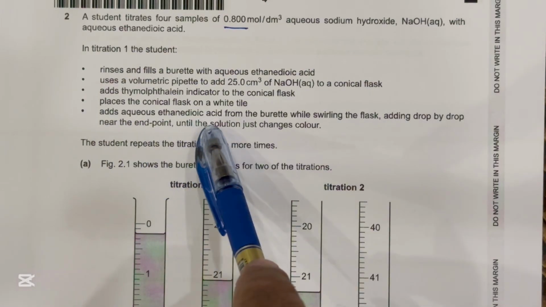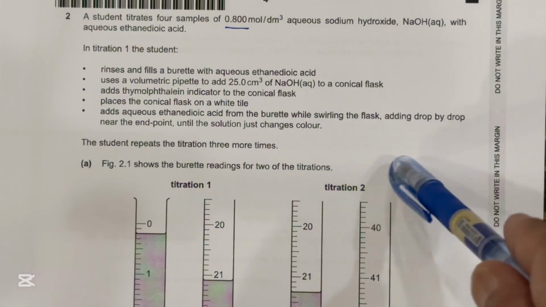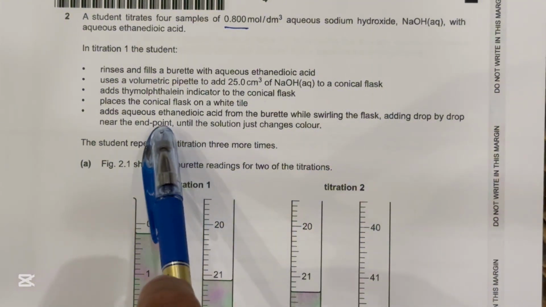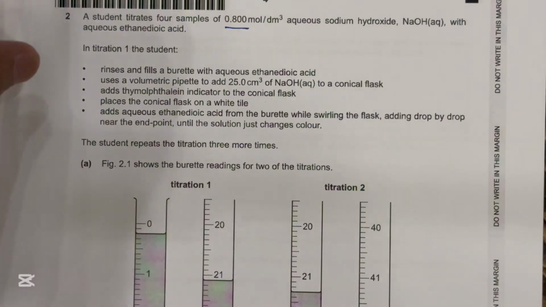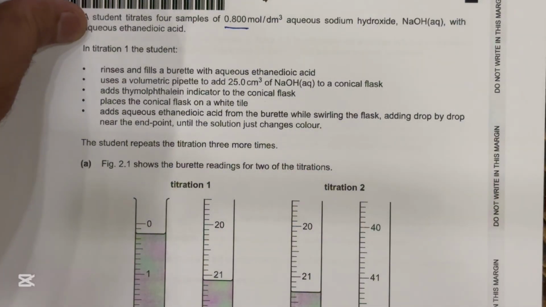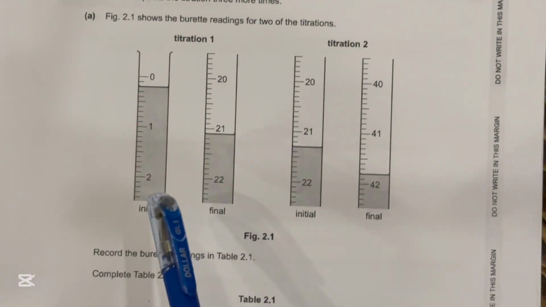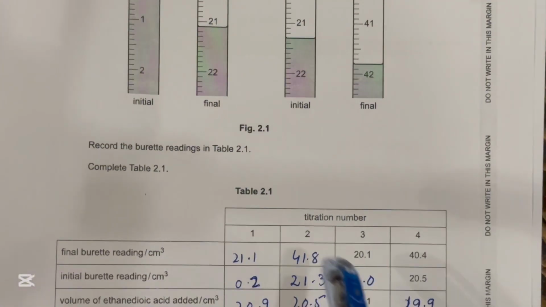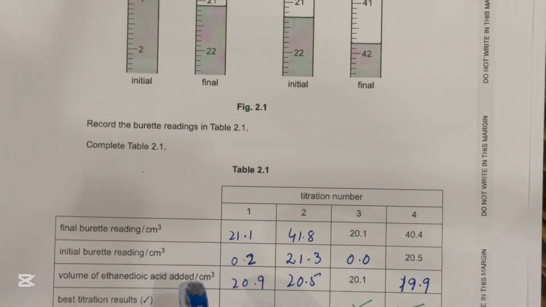Add aqueous ethanedioic acid from the burette while swirling the flask, adding drop by drop near the endpoint until the solution color changes. The student repeats the titration 3 times. Figure 2.1 shows the burette readings from titration 1 and titration 2. Record the burette readings in table 2.1.